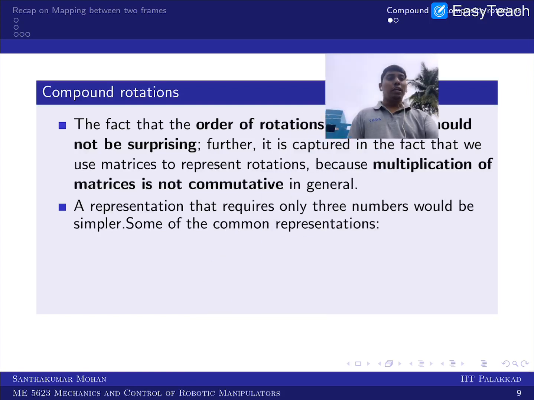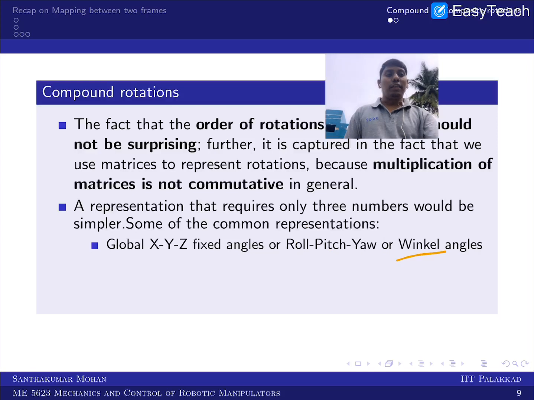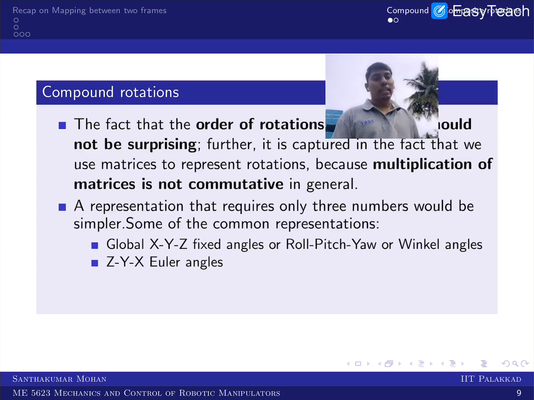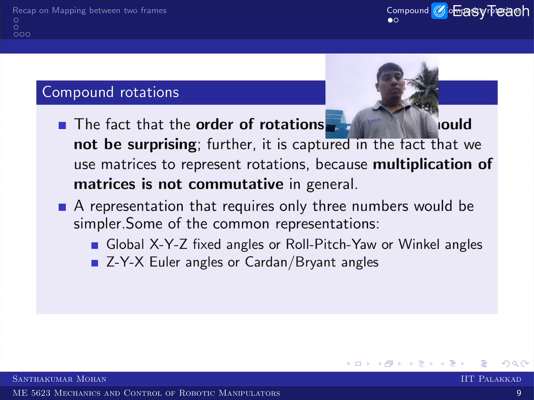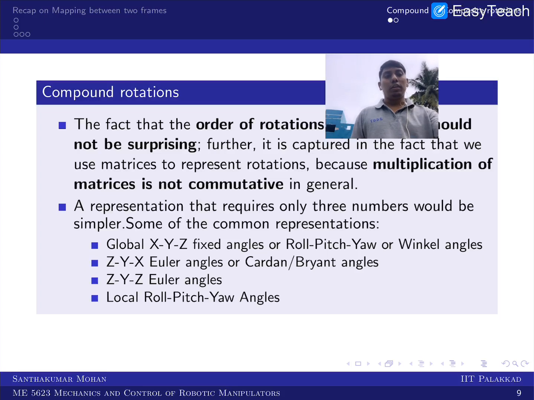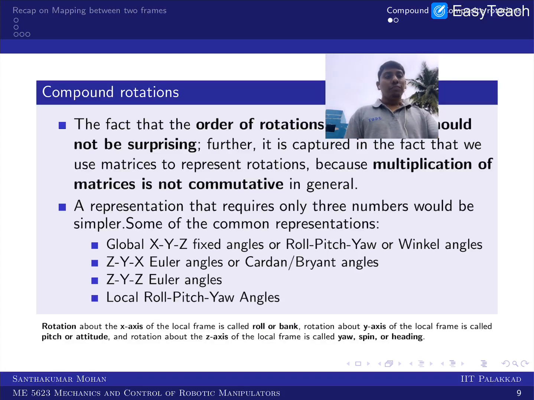You see some of the common representations I already mentioned. The global XYZ is what we call the RPY angle, which in some cases we call the Winkel angle, because Winkel has given it. The second one is the ZYX Euler angle, which we call the Cardan-Bryant angle. The third one is the ZYX Euler angle, and the fourth one is the local roll-pitch angle. The local roll-pitch angle is what we call bank, or sometimes attitude, sometimes spin and heading.